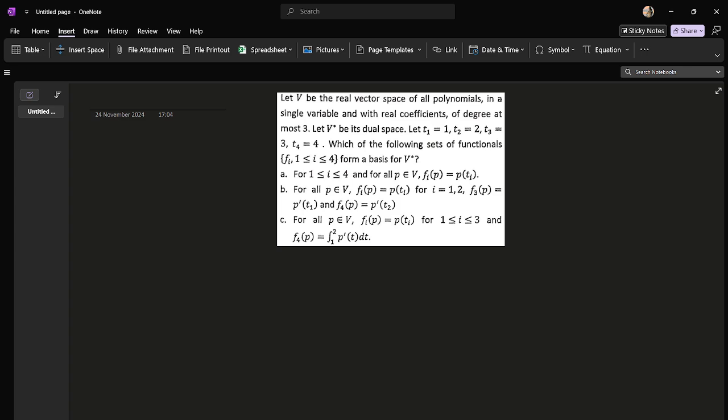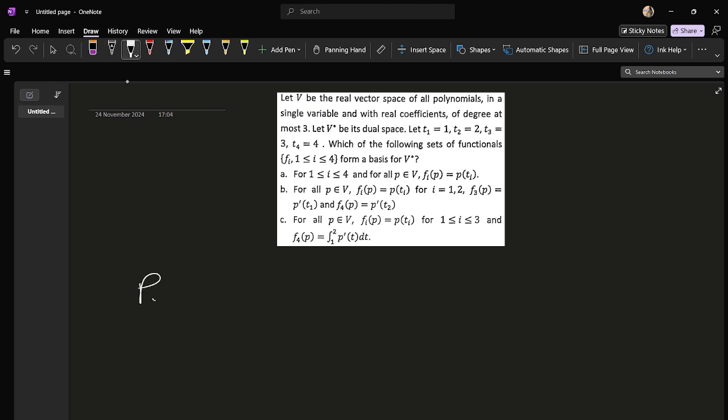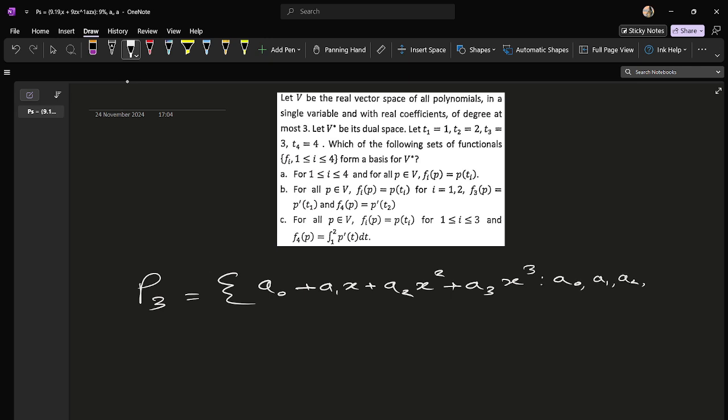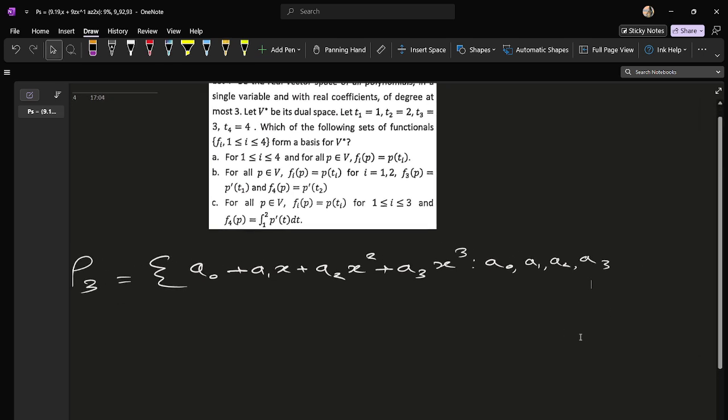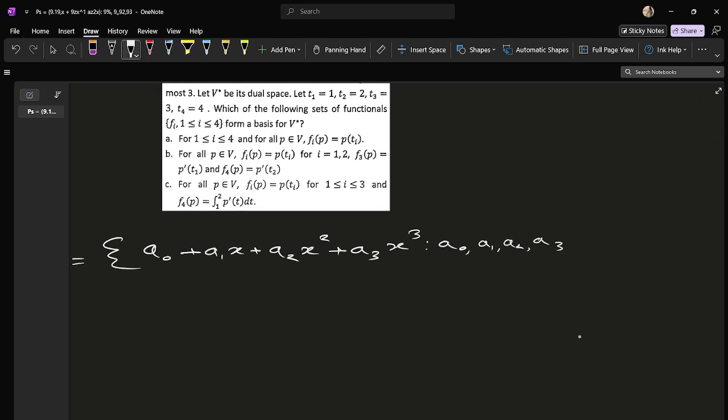That means they told us about this space P3, which is a0 plus a1x plus a2x squared plus a3x cubed, where a0, a1, a2 and a3 are real numbers.